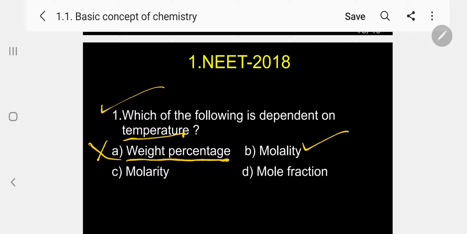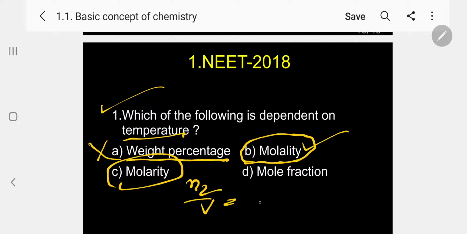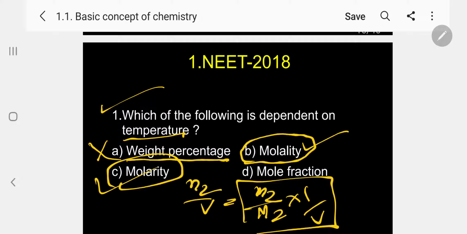Molality, again we know n2 by w1, that is w1 kilogram of solvent. That means it is also not dependent on temperature. So what is molarity? Number of moles of solute present in 1 liter, that is m2 by V, or m2 by capital M2 into 1 by V. That's why temperature depends on molarity.